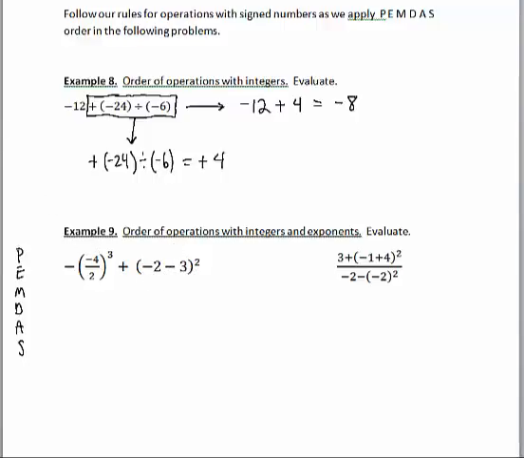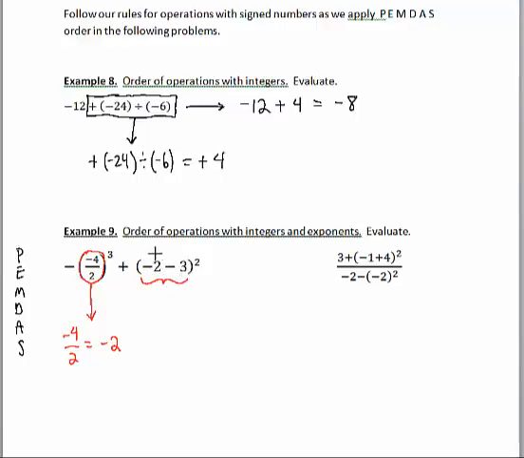Okay. So what I'll do is I'll simply calculate these parts and plug them back into the expression. Negative 4 divided by 2. 4 divided by 2 is 2. And I only have one negative associated with that quotient, so that would be a negative 2. What about this difference?